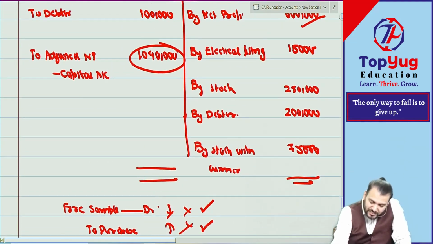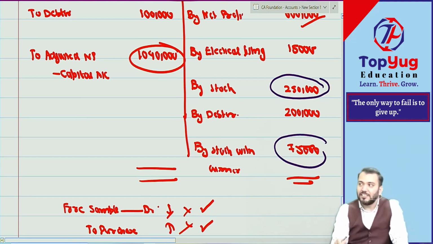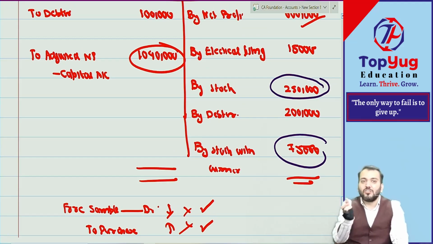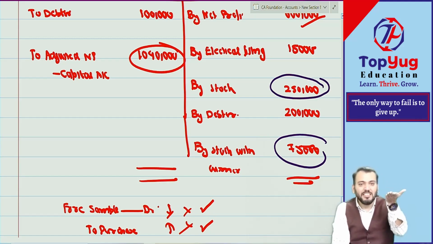If you see this journal entry and this journal entry, will both be added or deducted? We are increasing stock, so it will be added. We have done stock to P&L, which means increasing stock.